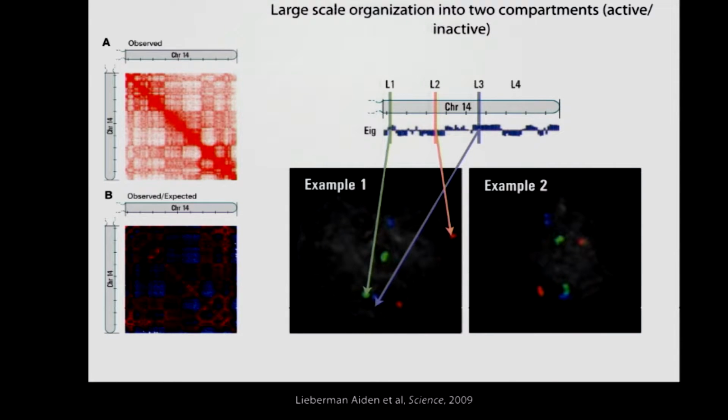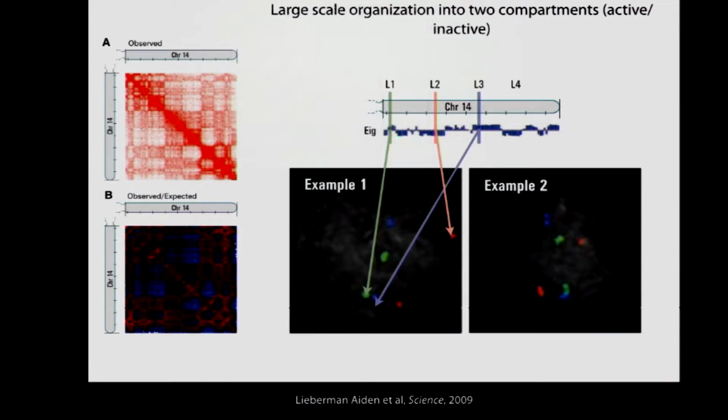So do these actually mean anything? Well, frankly, at this resolution, it's hard to say anything really strong, but they did a couple of things in this paper. So they start with just the observed raw data. They came up with a polymer model for what you would expect it to look like just if things were interacting with each other by chance, and generated some expectation, came up with an observed over expected, and did a PCA analysis on this and looked at the first eigenvalue.